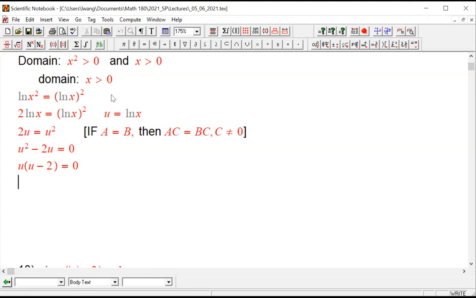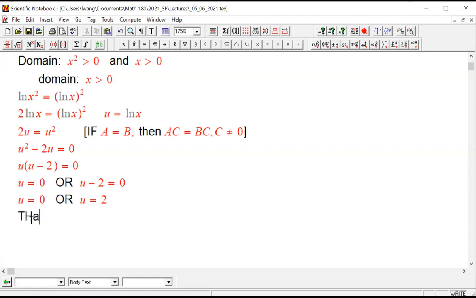Okay, and what you get is U equals 0 or U minus 2 equals 0. Okay, and in the end, what do we get? Not closer to the end. U equals 2. Now it's time to bring back U equals ln x.